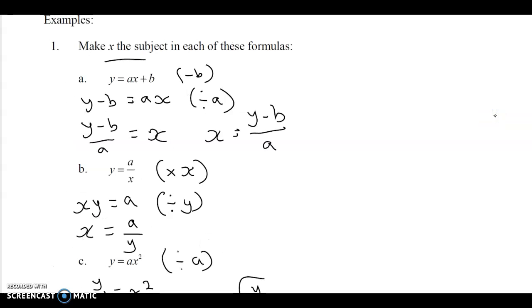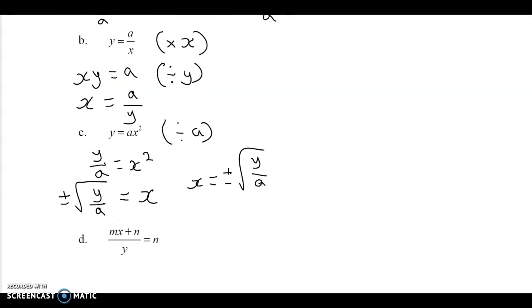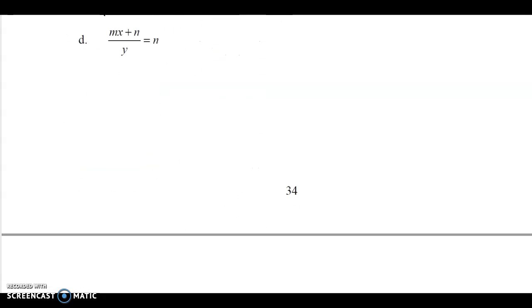Moving on to D, making x the subject, multiplied by y, first step. So mx plus n equals now y times n. Subtract n off both sides, so we get mx equals yn minus n.